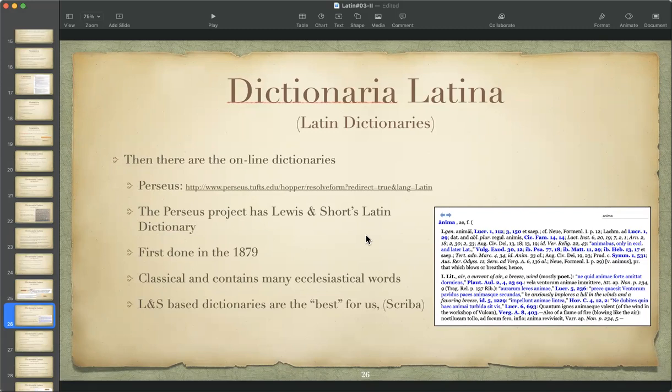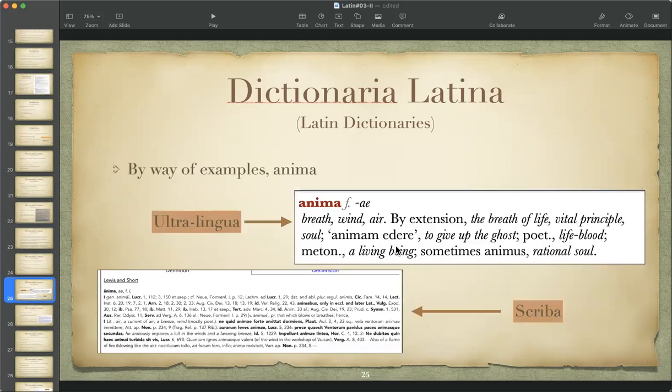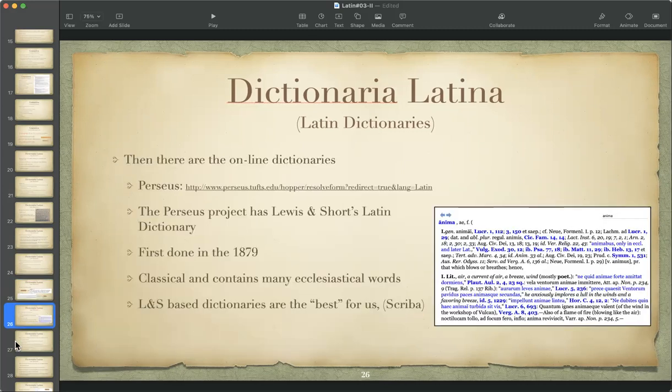Generally the Lewis and Short dictionaries are the best for us in the sense that they have the most classical material, but it can be kind of intimidating to sort through and find all the words. Ultralingua is cleaner, but what I advise is, if you're on Apple, go onto the App Store.